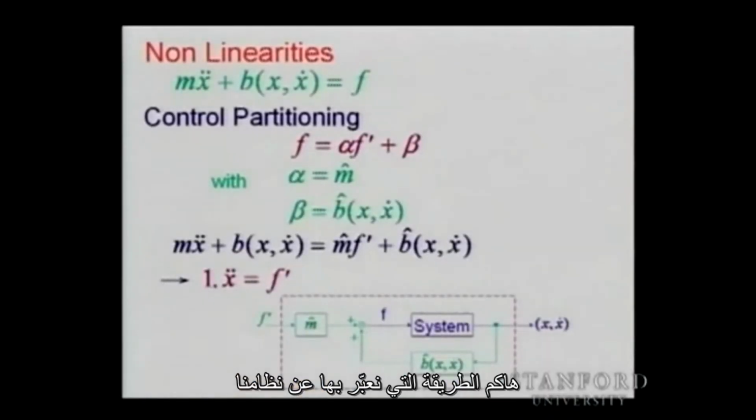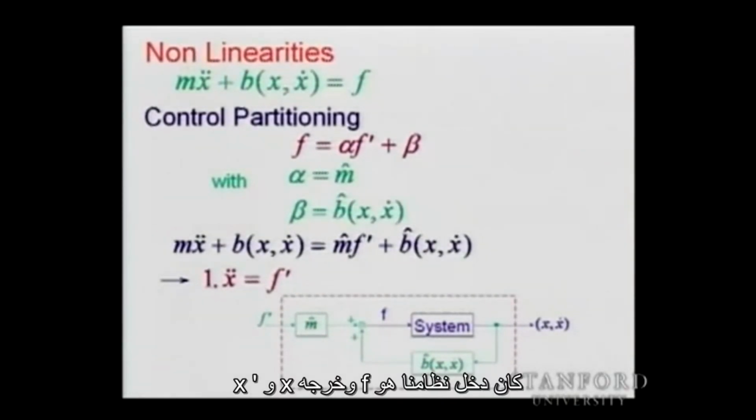Well, here is how we can write this system. So our system was F with the output X, X naught, the state. Basically what we are doing is we are looking at the model of the system, and we are using X and X dot to estimate B, the nonlinearities in the system, and compensate for them. So F is going to have a component which is B hat.